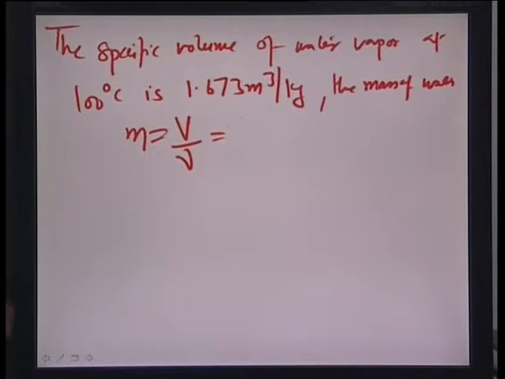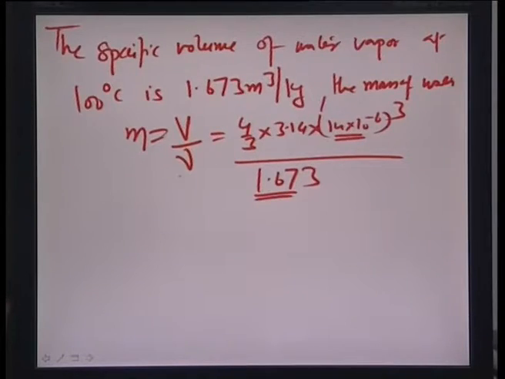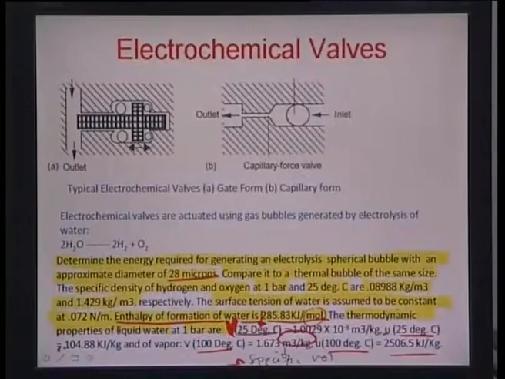The volume is essentially 4 by 3 × 3.14 × 14^3 × 10^-18, the volume of the sphere of radius 14 microns, so diameter 28 microns, which is the size of the bubble, divided by the nu value which is 1.673. This is essentially the specific volume of water vapor, which is actually given in the numerical example, the question at the very beginning. So as you see here, specific volume of the water vapor at 100 degrees Celsius is given to be 1.673 meter cube per kg.